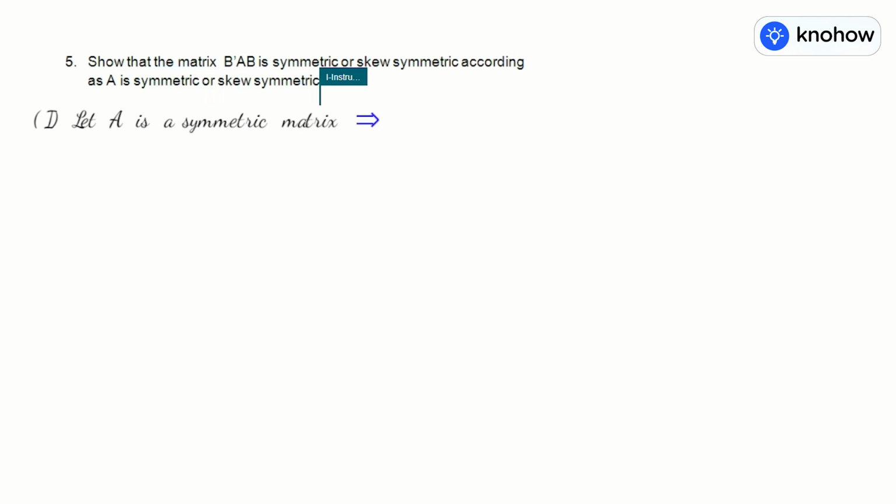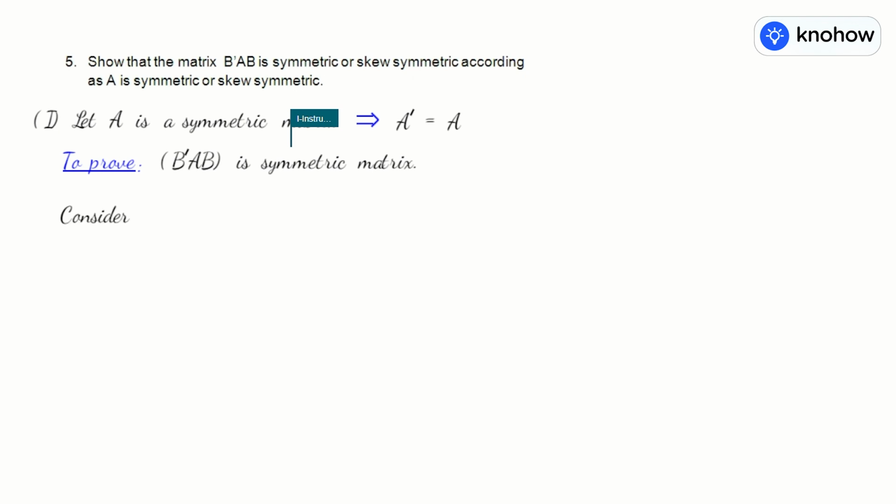That means whenever required, we can replace the transpose of A, A dash, by A, it is given. And now we have to prove that B dash AB is a symmetric matrix. That means if you could prove the transpose of this remains the same.